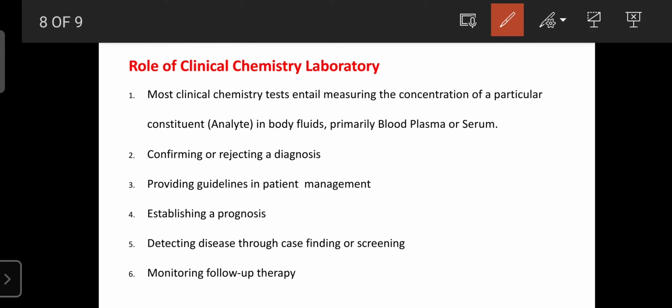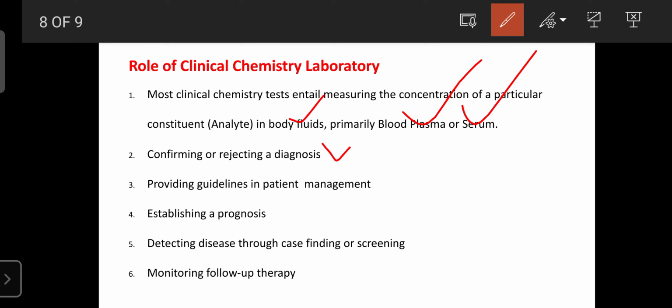What diagnosis is done by the medical professional? With the help of the clinical chemistry laboratory, we can confirm that this diagnosis is correct, or we can reject that diagnosis, by estimating the analyte level in body fluids, blood or serum, or by studying organelle structures with the help of 3D, 2D, or many advanced instruments in the clinical chemistry lab.